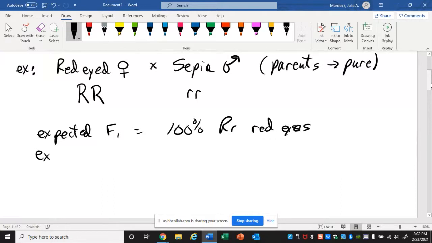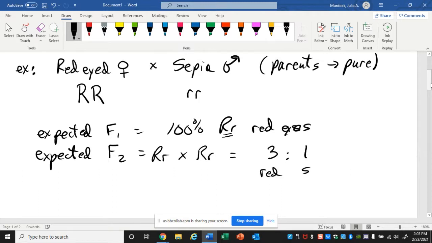And then your expected F2, which is what you're going to apply the test to, should be, if you cross 2 of these, meaning if you crossed 2 hybrids, you should get 3-to-1 red to sepia.